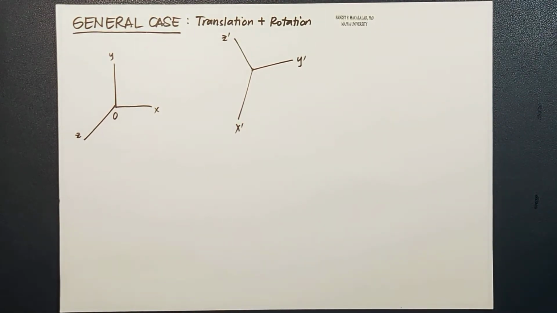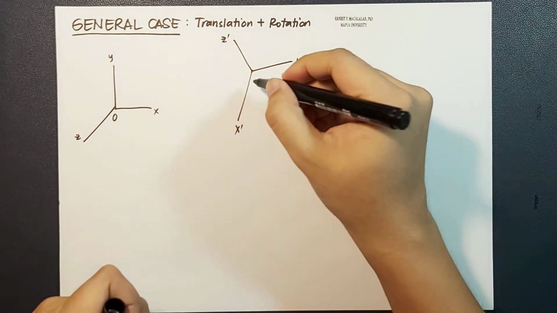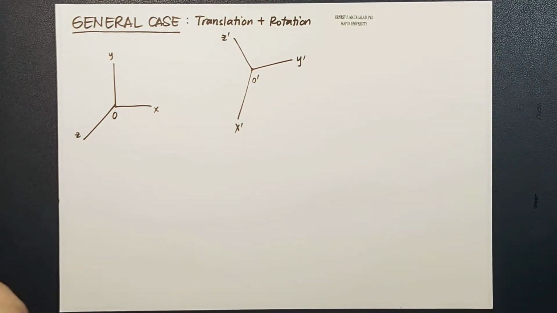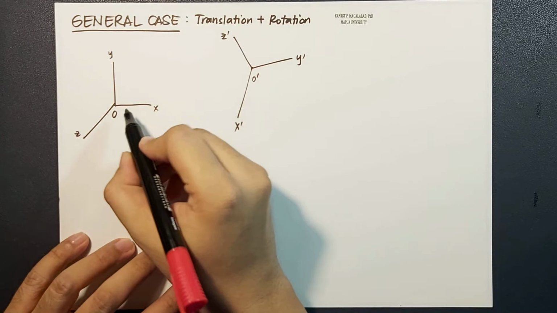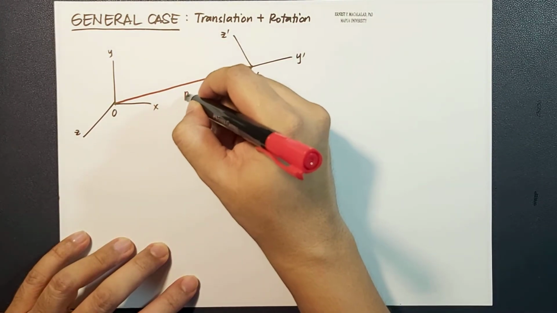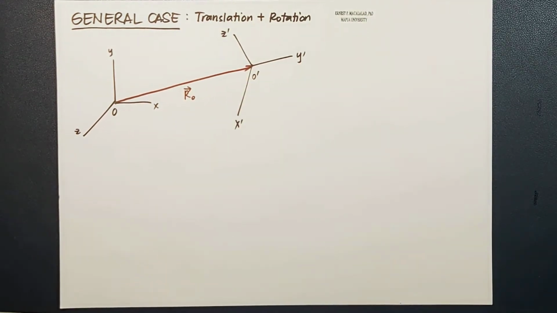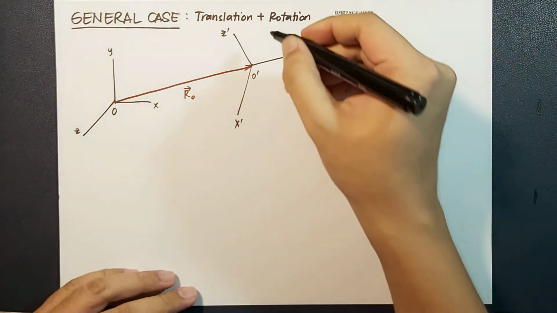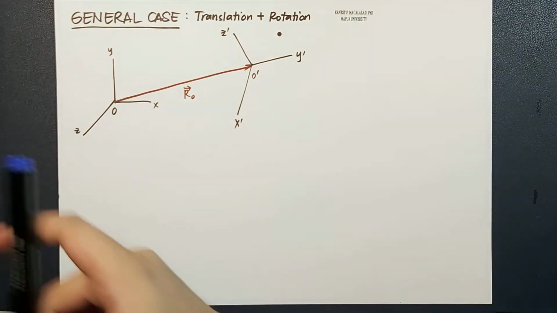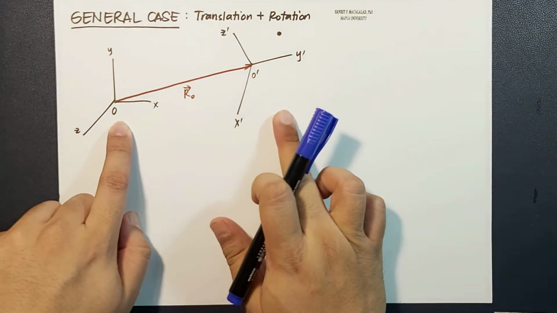Okay, so here we define several vectors. First one is the position of the origin of the moving frame. Let's call that R, capital R. And then if we have a particle, let's say here, that particle has position vectors with respect to the fixed frame and the moving frame.